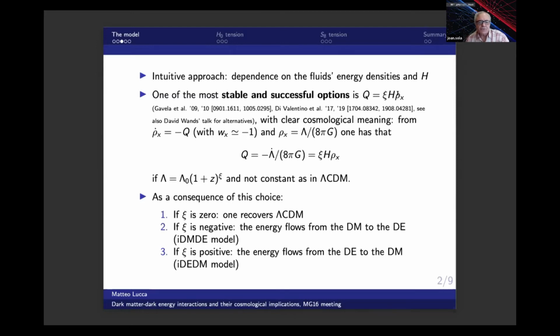I just want to point out that I discussed this with David, actually. We obtained similar results when we assumed this kind of scenario, but in order to improve the two tensions at the same time, it's not enough just to play with these variables.